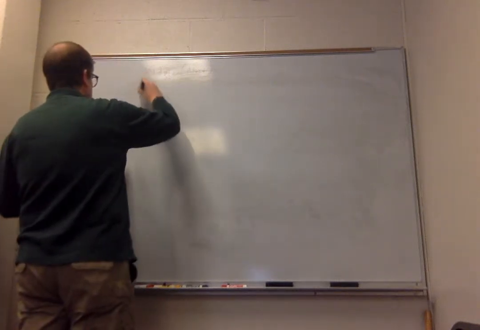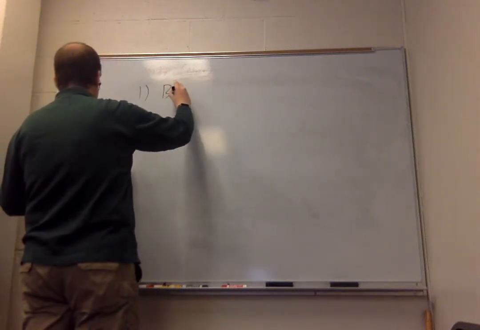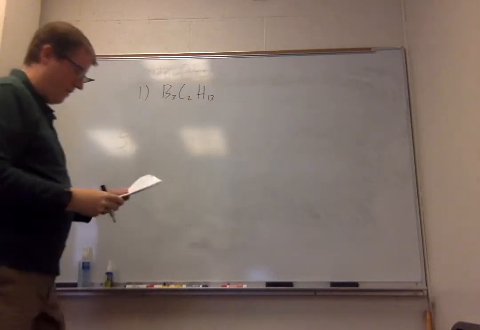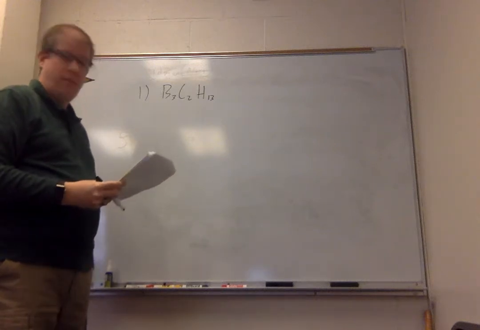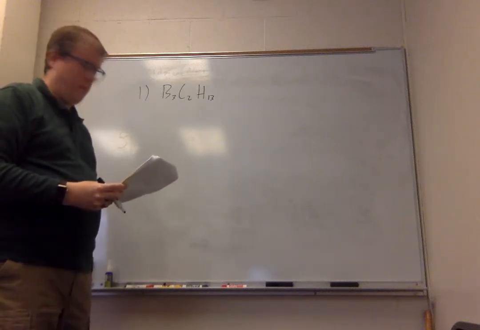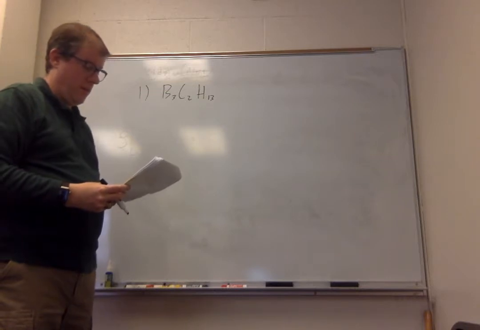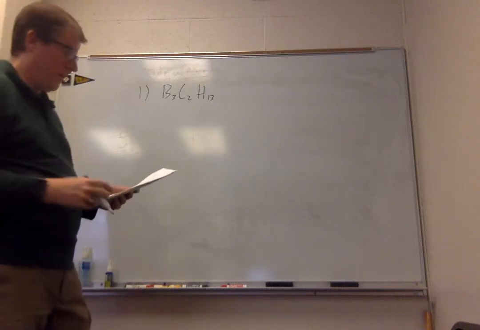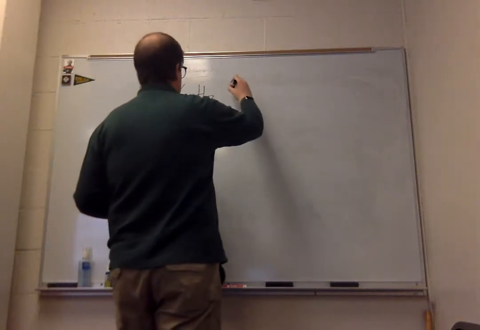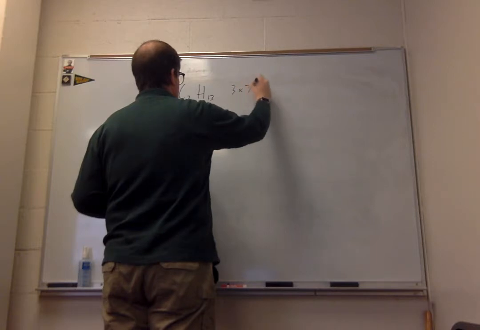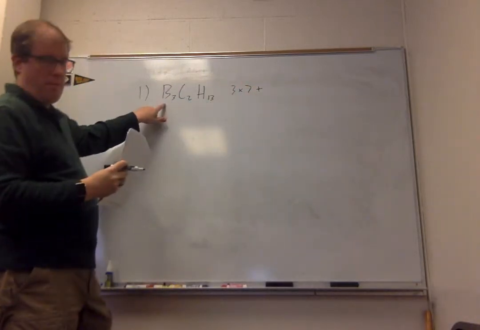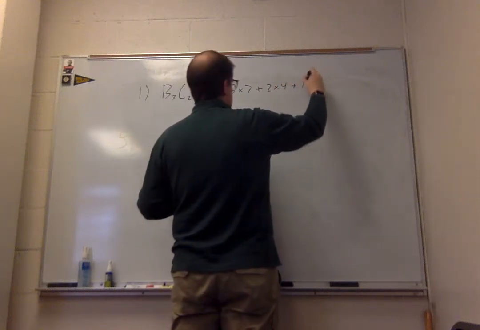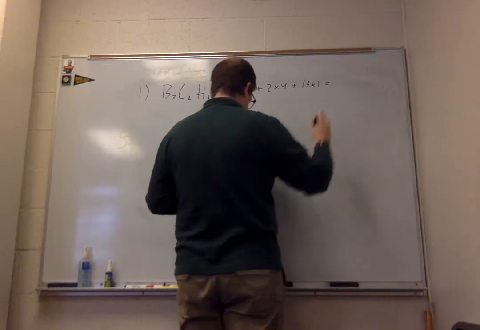So I'll give you that. What's the structure of this? What's the total number of electrons? 3 times 7 for 3 borons. 2 times 4 for the carbons. 13 times 1 for the hydrogens.